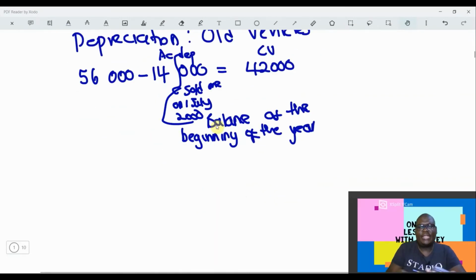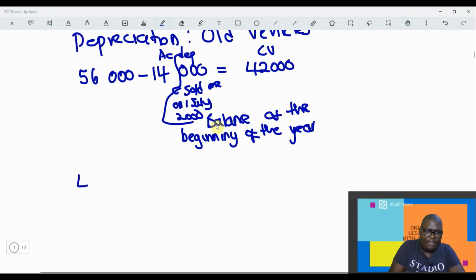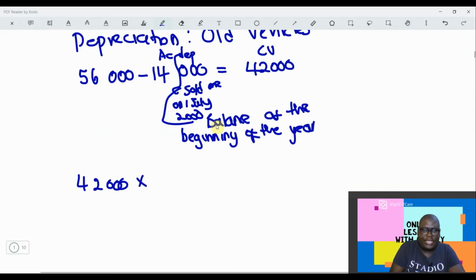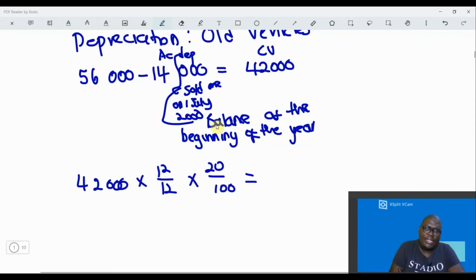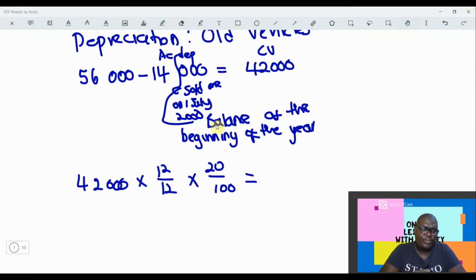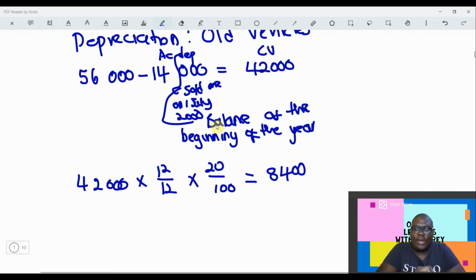So we're getting the carrying value of 42,000. Remember, these ones were with us for the entire year, so it's going to be 12 over 12 times 20 over 100, and then we get our answer. So 42,000 times 20% gives us 8,400.